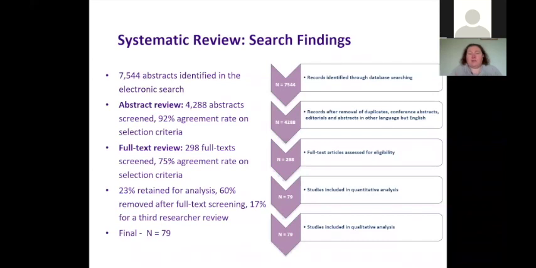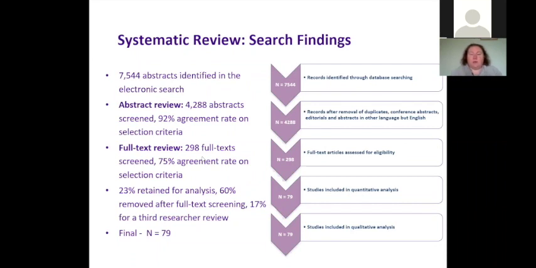And again, just for those of you who've been involved in scoping reviews, and for those of you who are considering using them, to give you a little bit of a background, we conducted our systematic review, as I said, in health services research literature. And we identified, as you can see, initially 7,000 plus records across a range of databases.